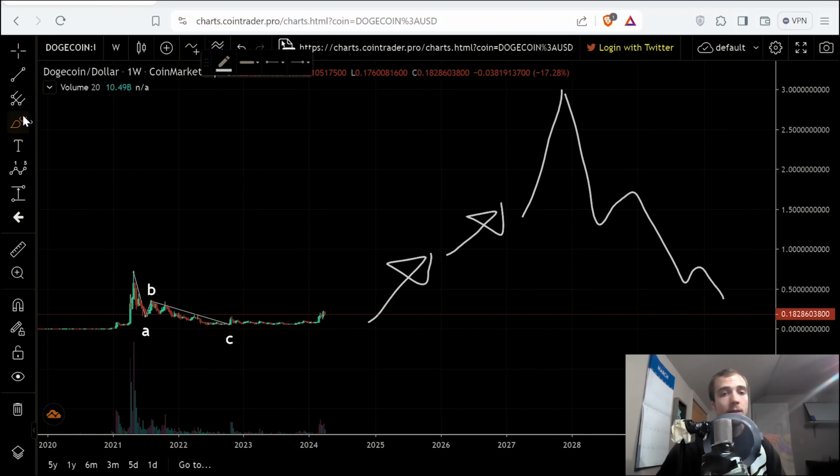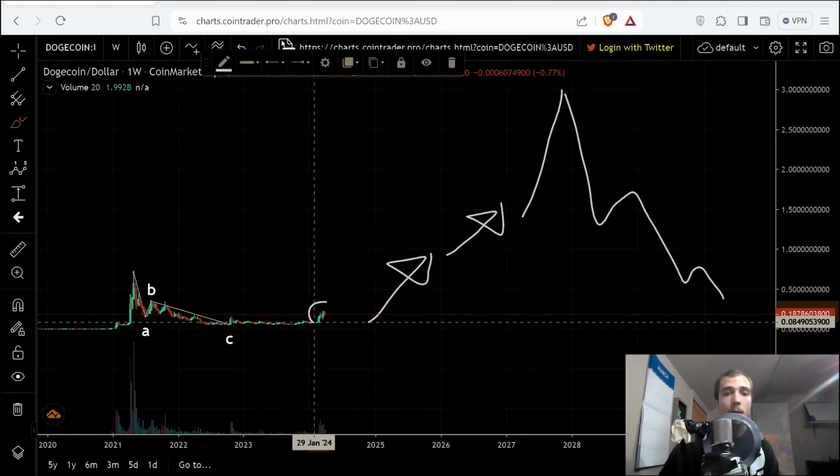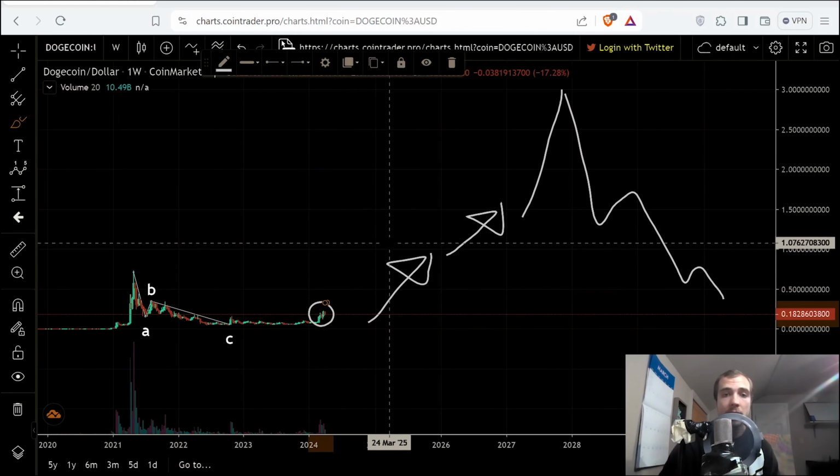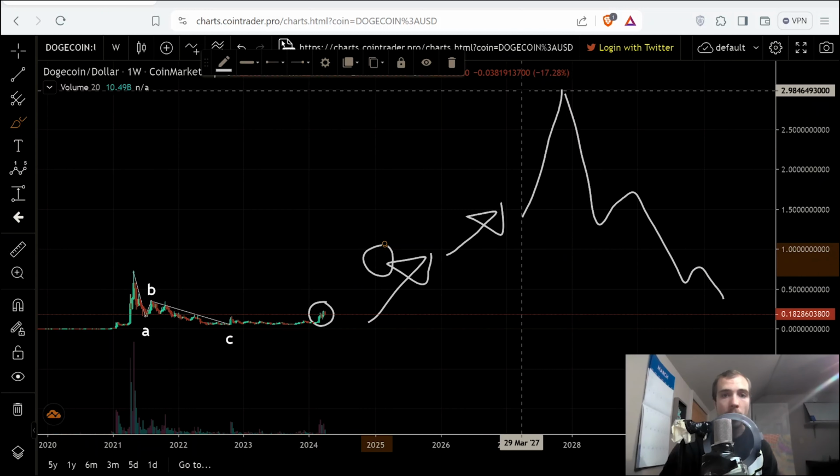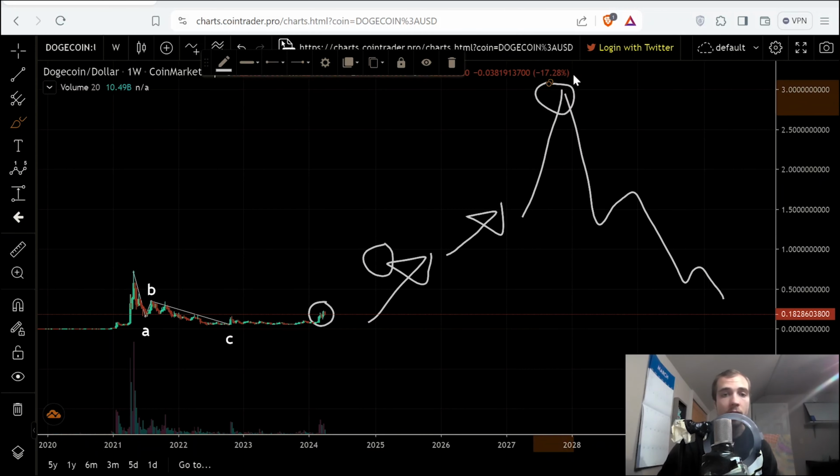But what people do is they screw up. They don't buy right here. And if they do, they sell right here. And then they miss the entire bull market. And then they buy the top because they fear that they're going to miss out, because they really did miss out already, right?